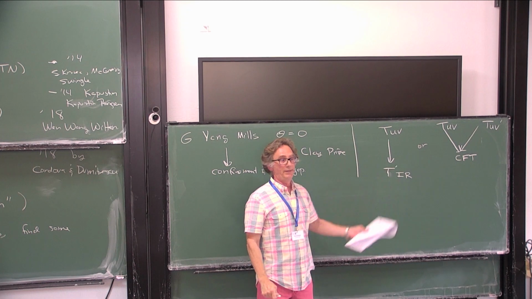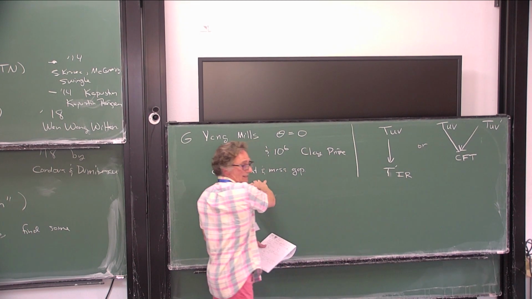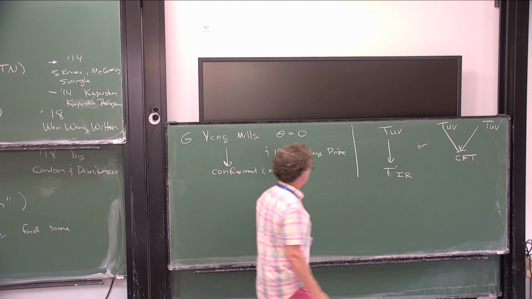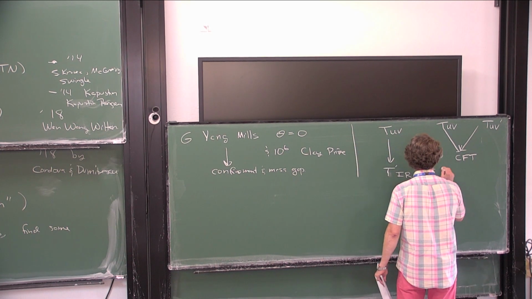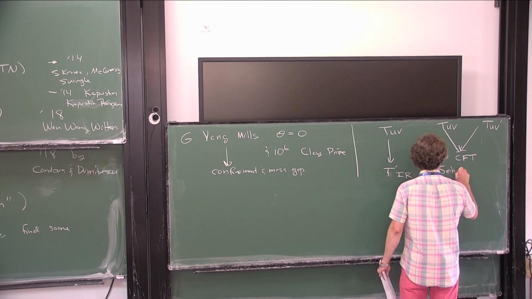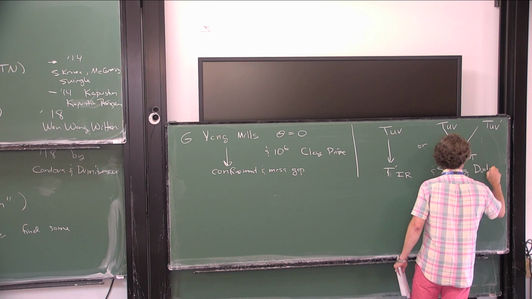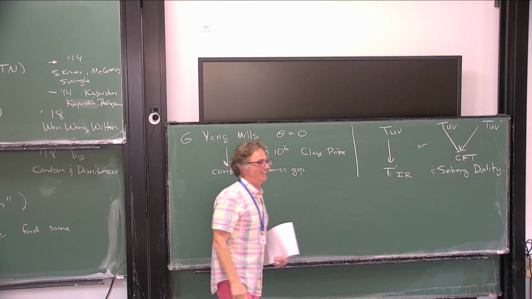A conformal field theory is a fixed point of the renormalization group flow, just like this mass gap theory is a fixed point of the renormalization group flow. And examples like this are Seiberg duality. I was just discussing with Owen the other day about Seiberg duality.